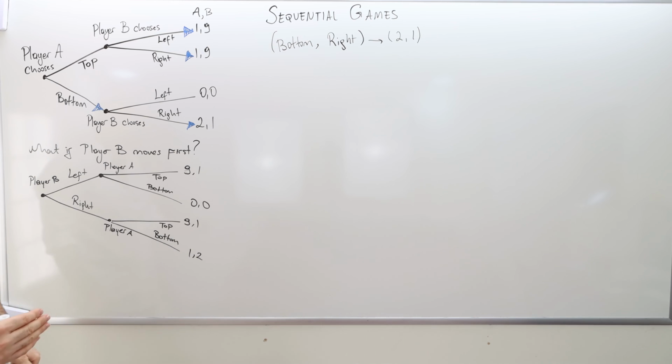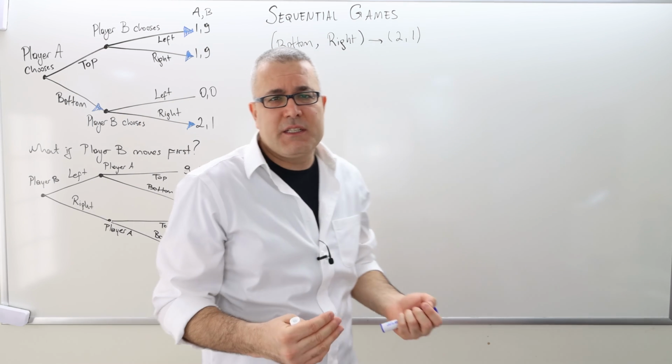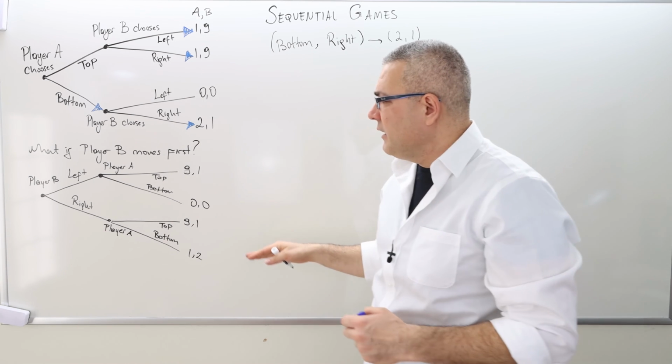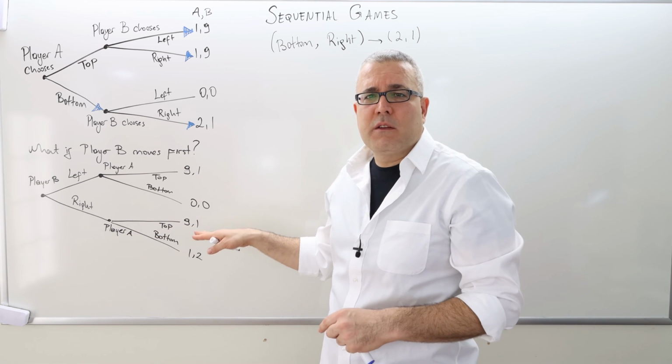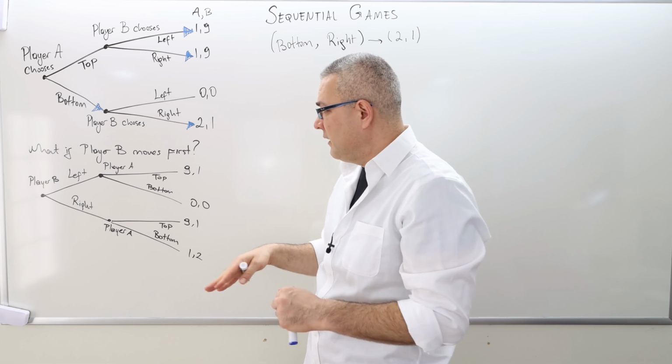Once again, because this is an extensive form game, I can use backward induction. I cannot use it in a simultaneous move game because the players don't observe each other's actions, but I can use it here. So let's use backward induction and see what the solution would be. It may or may not be different from the other one.